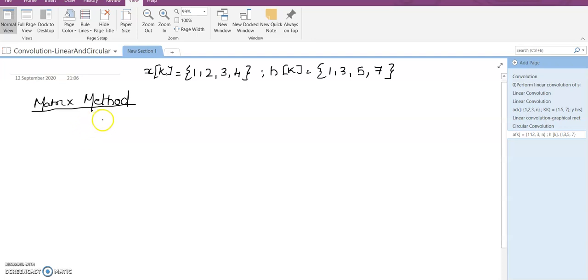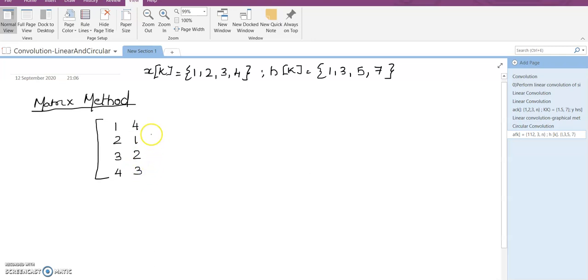What we do is draw one of these signals in the form of a matrix. That means 1, 2, 3, and 4 as the first column. Next, the element at the bottom is brought on top, so it will be 4, 1, 2, and 3.